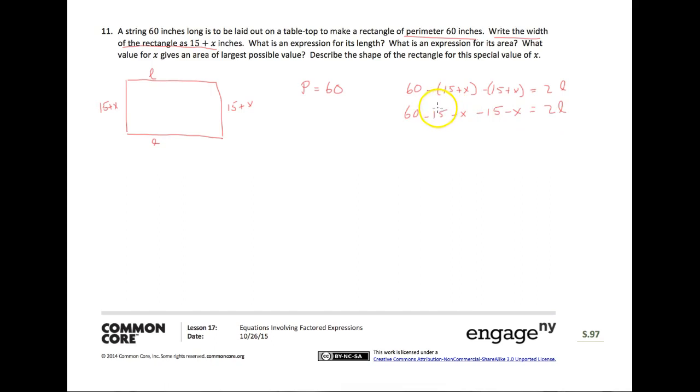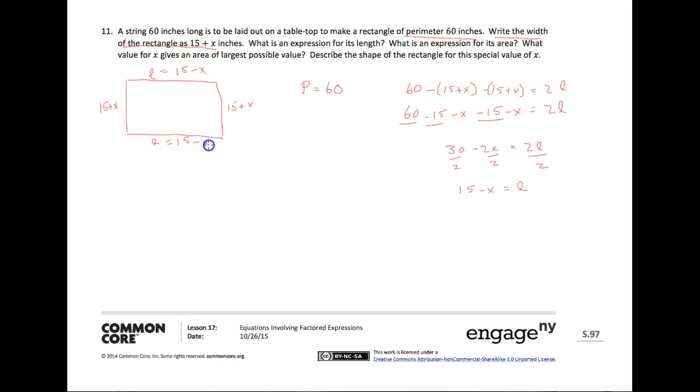Well, 60 minus 15 minus 15 is 30 minus 2x, which is going to equal 2L. If I divide everything by 2, I'm going to get 15 minus x equals L. Oh, interesting. So my L is going to be 15 minus x in both cases.